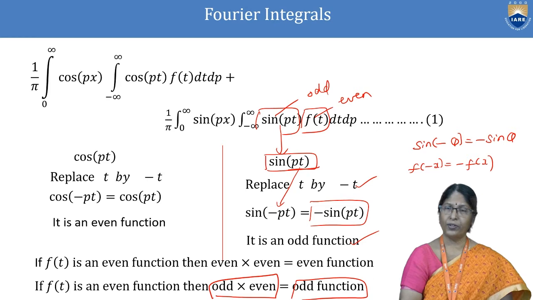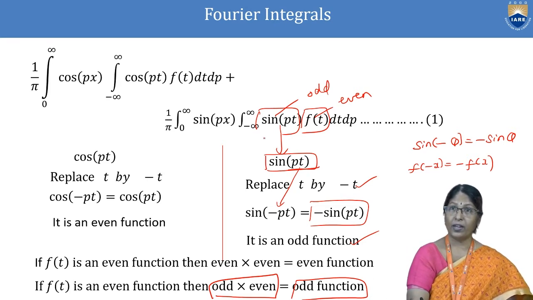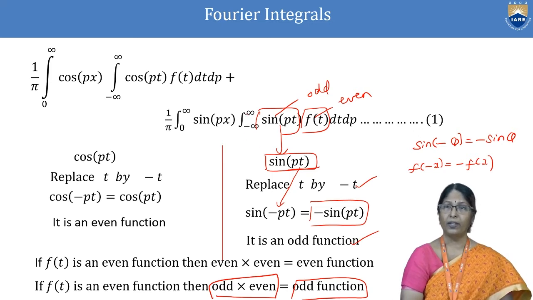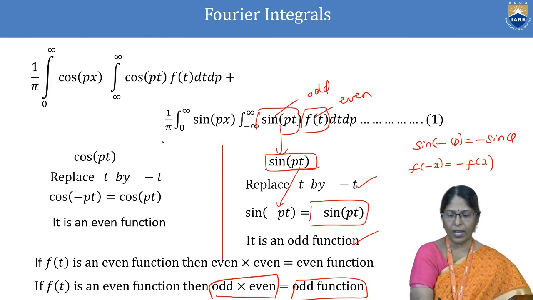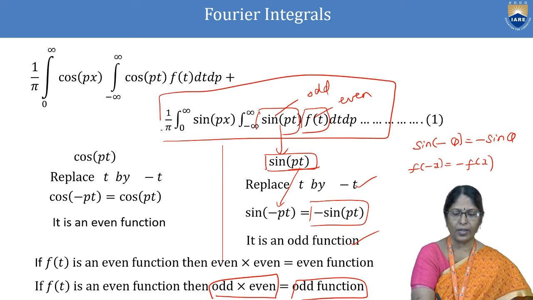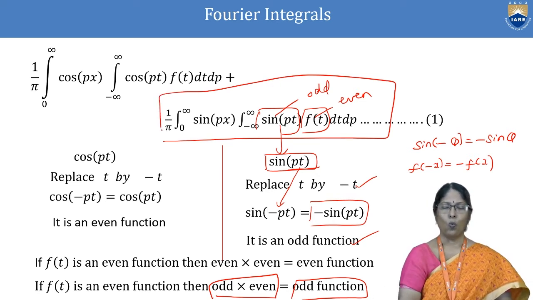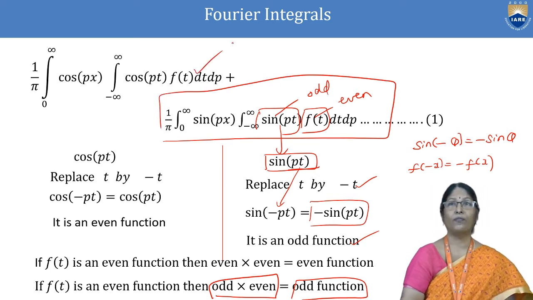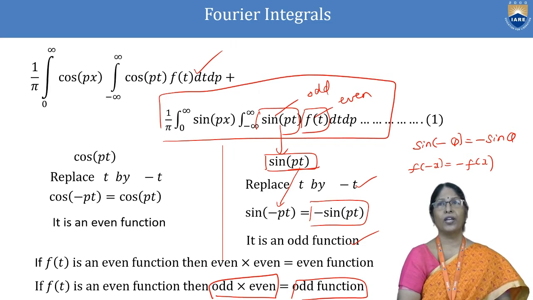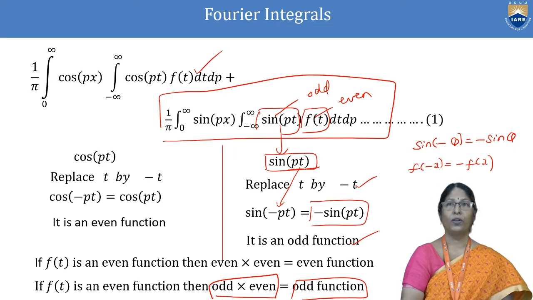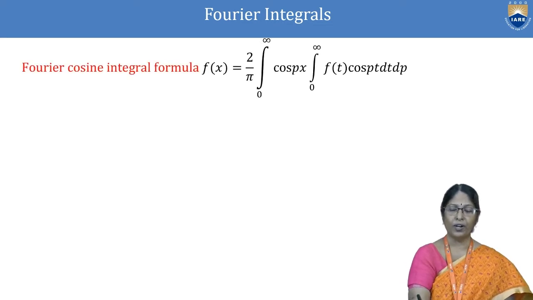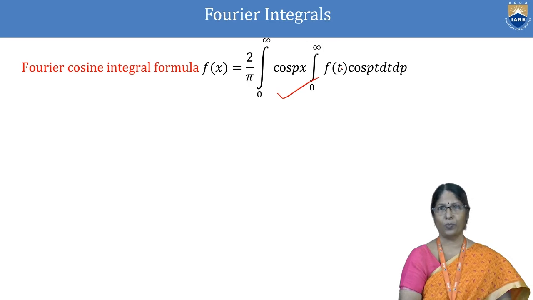For the odd function, with the limit of integration from minus infinity to infinity, the total integration vanishes. According to that, the second part has become 0. Only the first part of the Fourier integral formula exists, from which we have now derived the Fourier cosine integral formula.